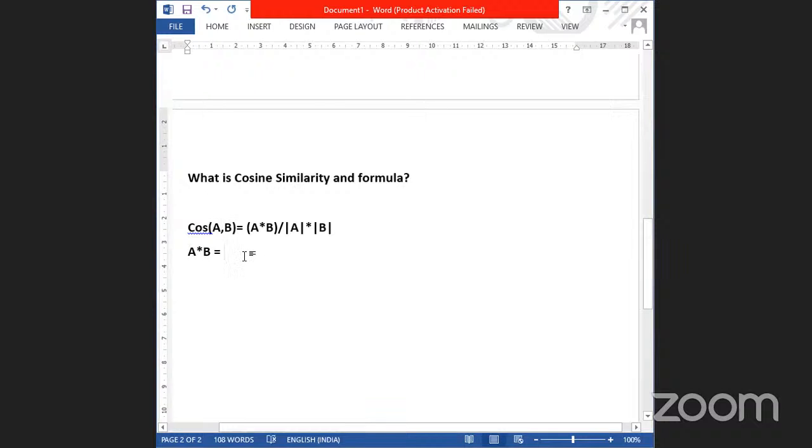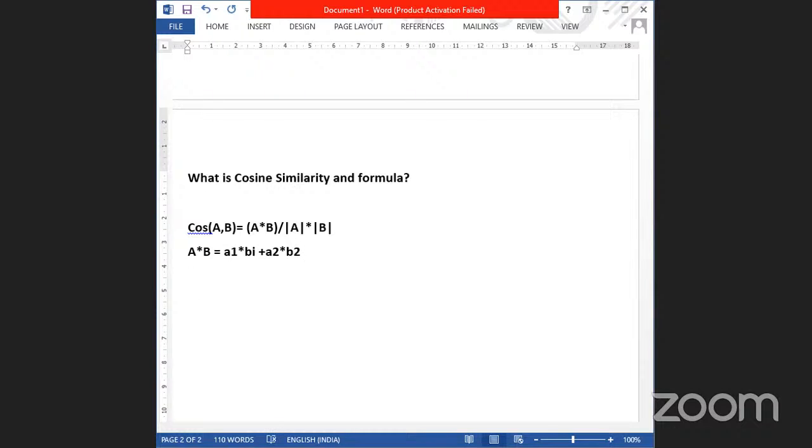So what you will do, you will find A1 into B1. How many times that word is present in that one? So B1 plus, sorry, A2 multiplied by B2. This is the thing.